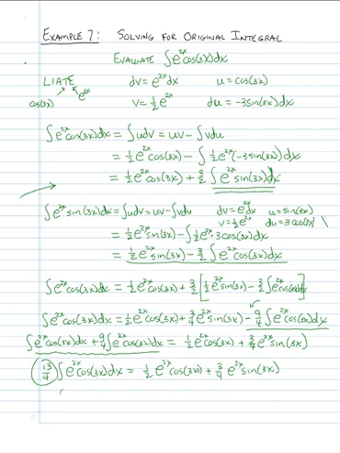And when I do this, it becomes 1 times the integral of e to the 2x cosine of 3x with respect to x. But over here, I'm multiplying by 4/13. So I'll have 4/13 times this entire side. And wow, now we're going to have it solved for that integral.